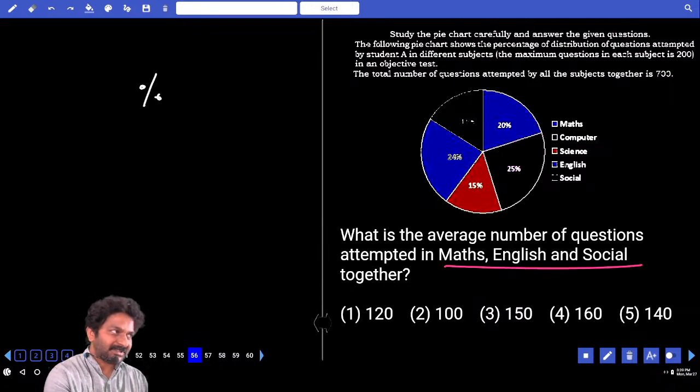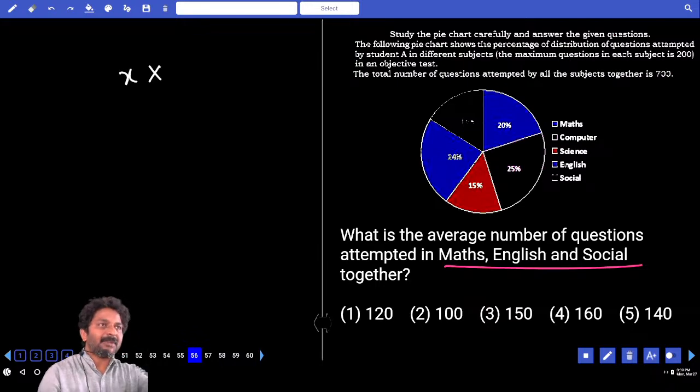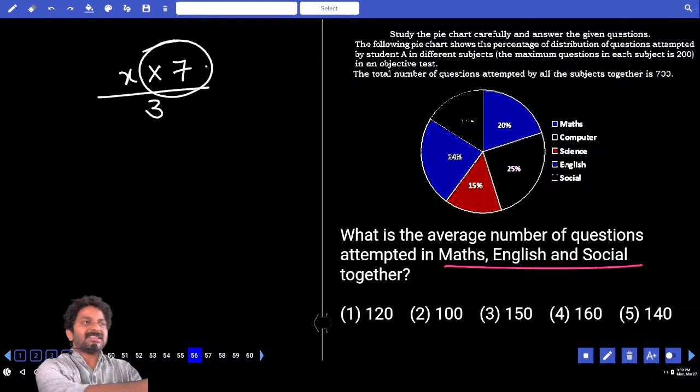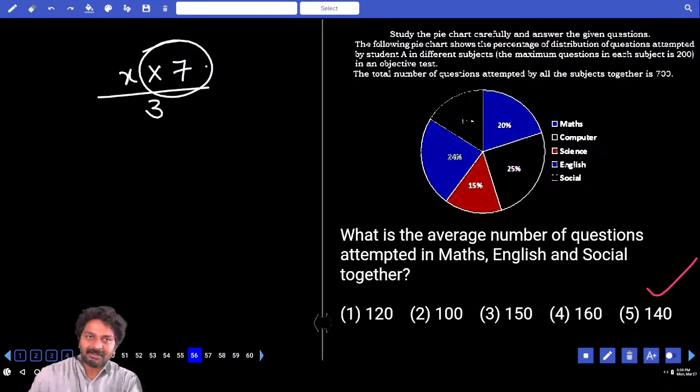Let it be X%. To convert into marks, that means X into 1% value. What is 1% value? 7. These are total marks obtained in 3 subjects. The question is about average, divided by 3. Can you cancel this 7 in the numerator? That means the answer must be a multiple of 7. How many 7 multiples are there? Only one, 140 final. Done.